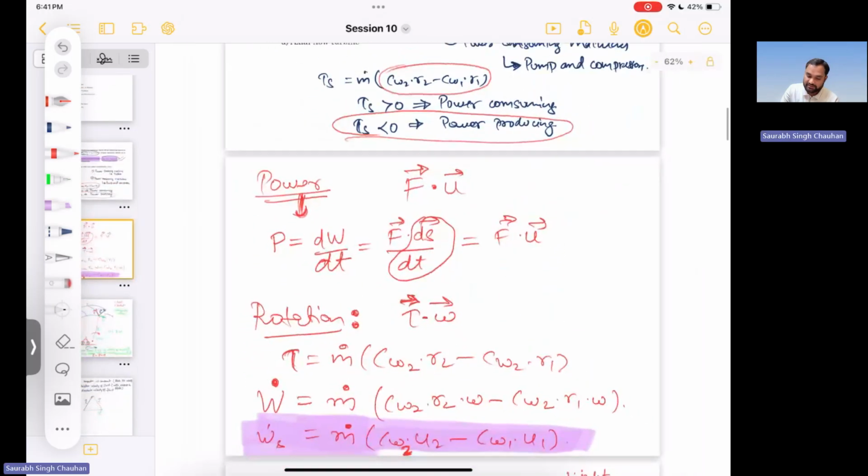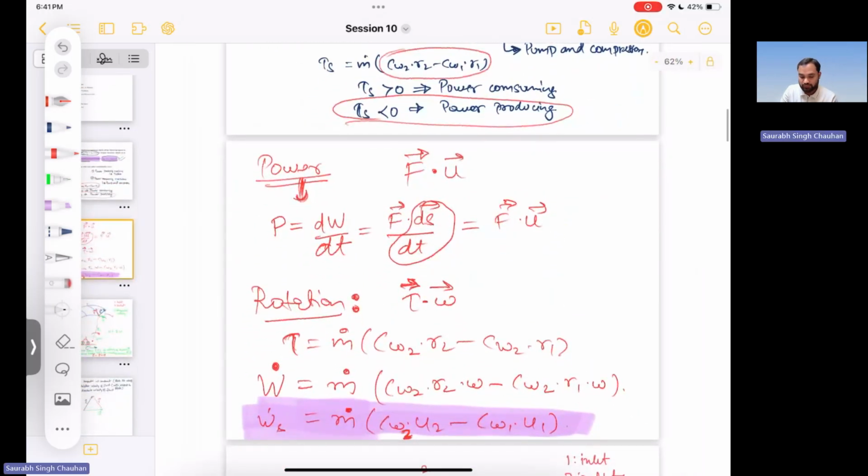If this thing is positive, that means some work is being done on the fluid. Who is doing the work? Your machine is doing work on the fluid, so the fluid is basically consuming the work from the machine.